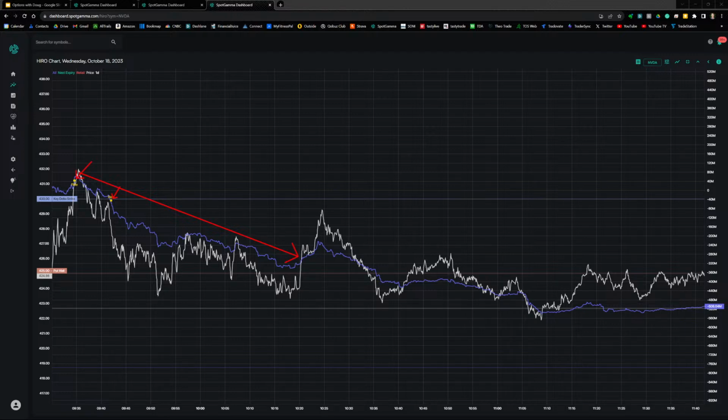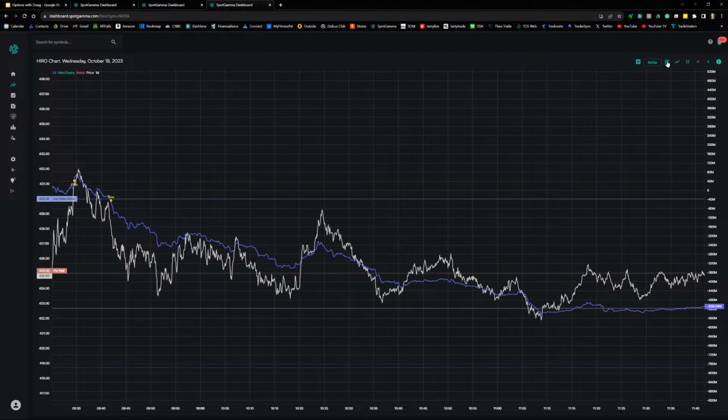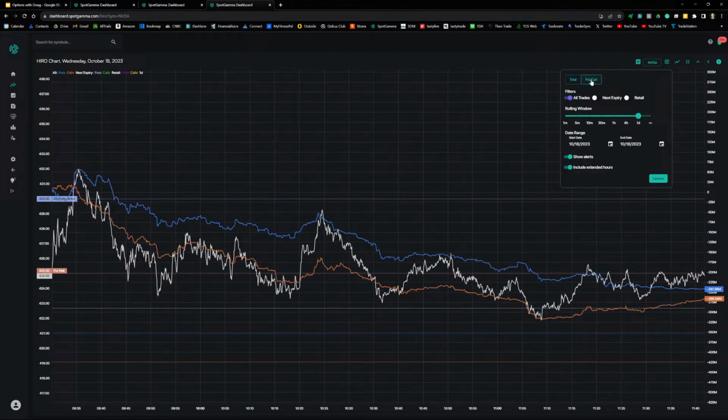And let's see what traders were doing. So NVIDIA, they were selling calls actually before the turn lower, and then they started buying puts. Puts shown by the falling blue line, selling calls shown by the falling orange line.